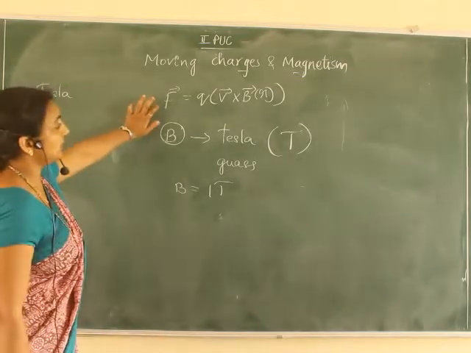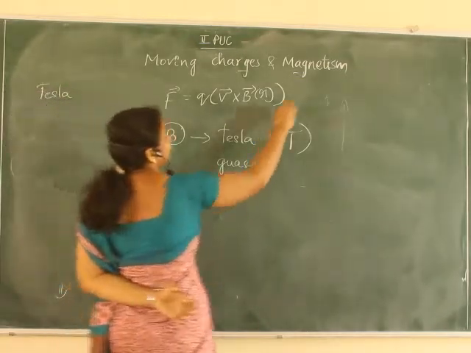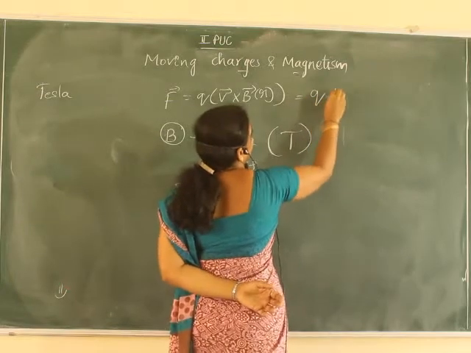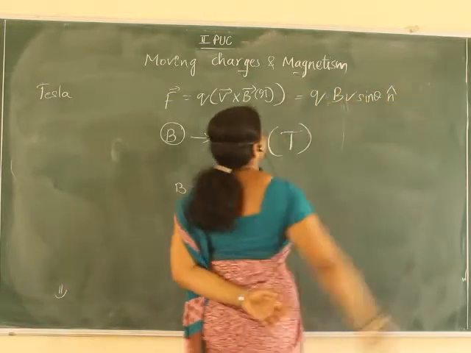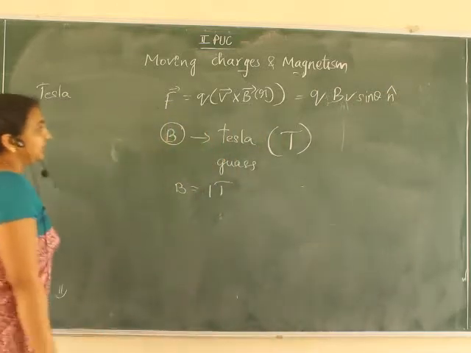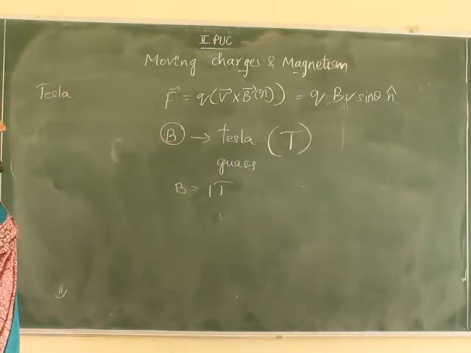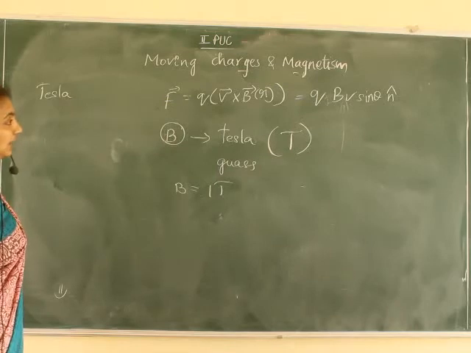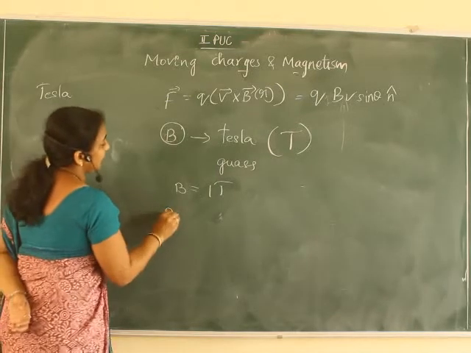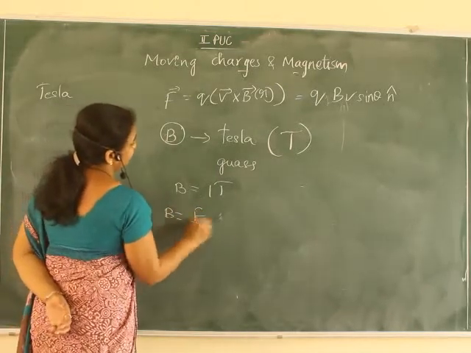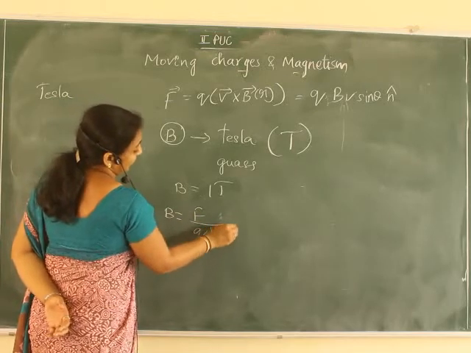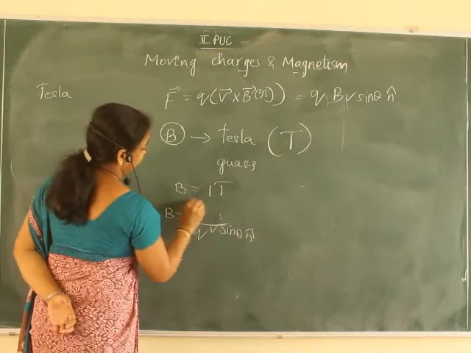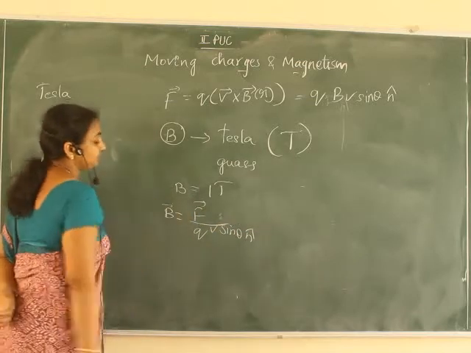What I will do is, I can also write this as Q into V B sin theta, unit vector n cap, correct? If B has to be 1, then I can say B is equal to F by Q V sin theta into n cap.